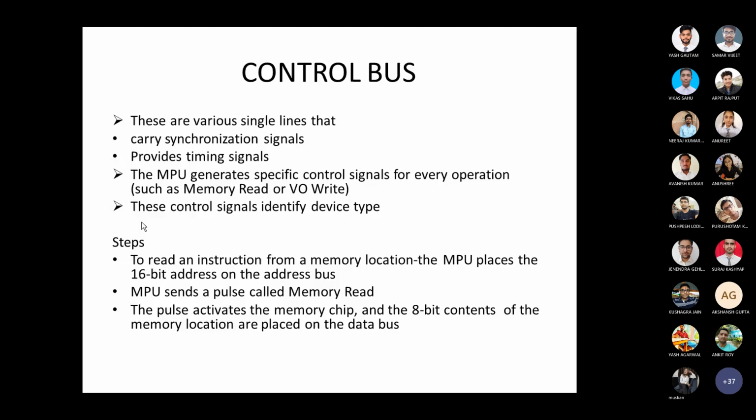Means at this address this data is available. Now when the microprocessor unit sends a pulse called the memory read, this activates the memory chip, and the 8-bit content of that memory location is placed on the data bus.